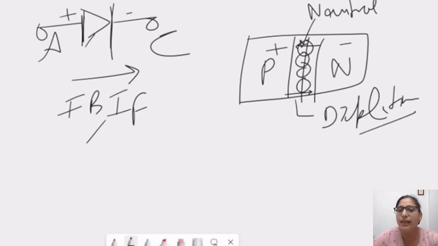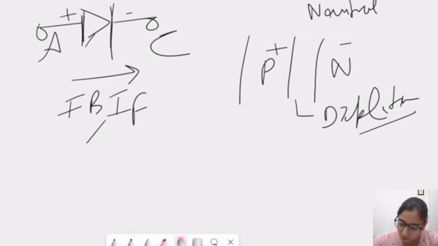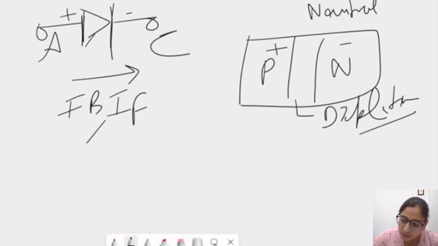Now this depletion layer acts as a barrier. Due to the formation of the depletion layer, the negative charges are gone here, so a layer of positive charge will increase, and here the positive charges are gone, so a layer of negative charge will increase.